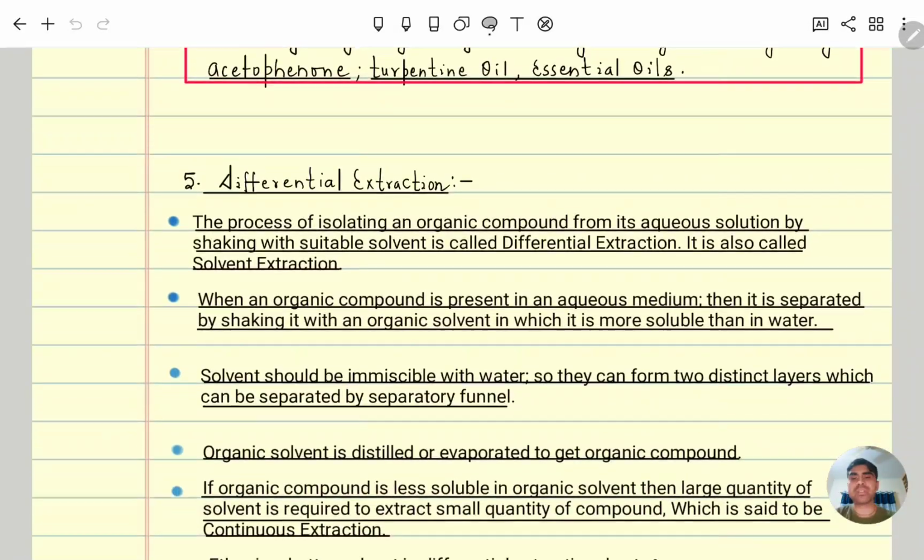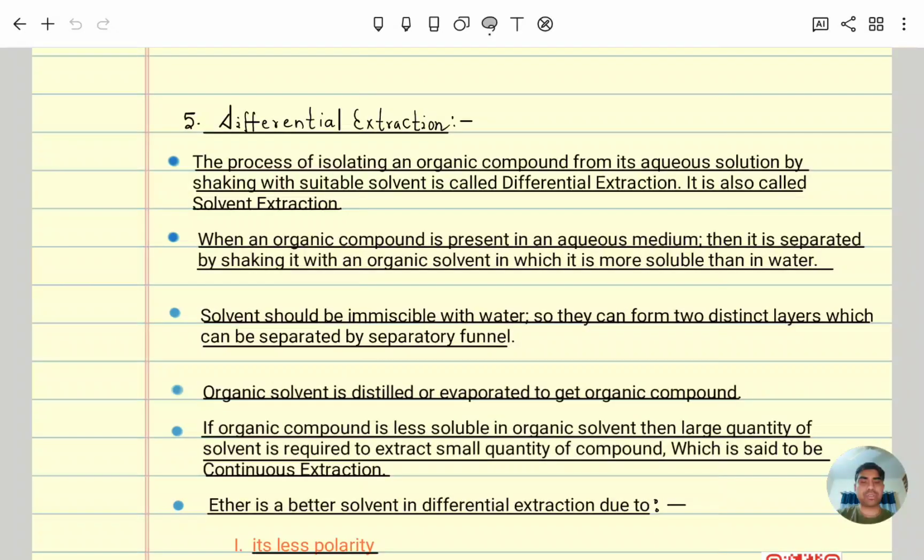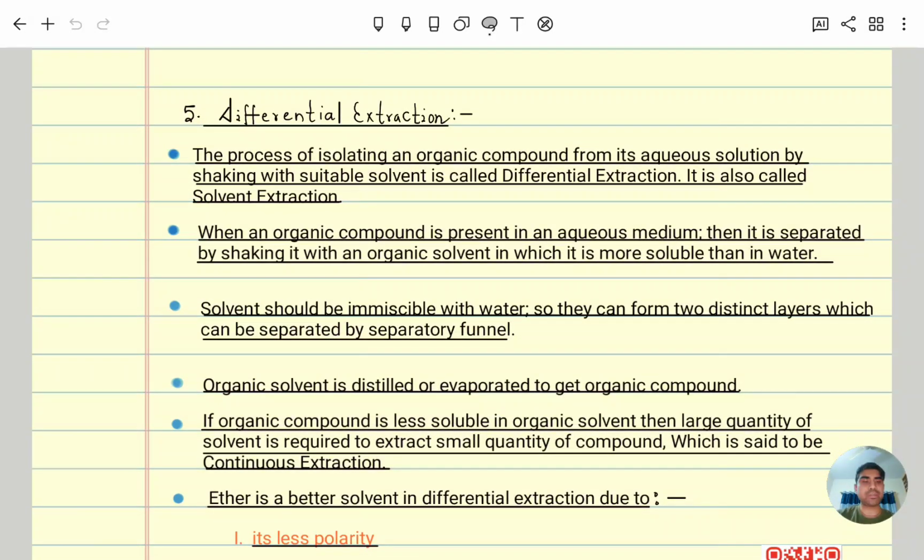Coming to differential extraction. Differential extraction is based on solvent. Suppose, for example, this is one tube, and in this tube an organic compound is soluble in one solvent. Now I am putting in another solvent and then shaking it.